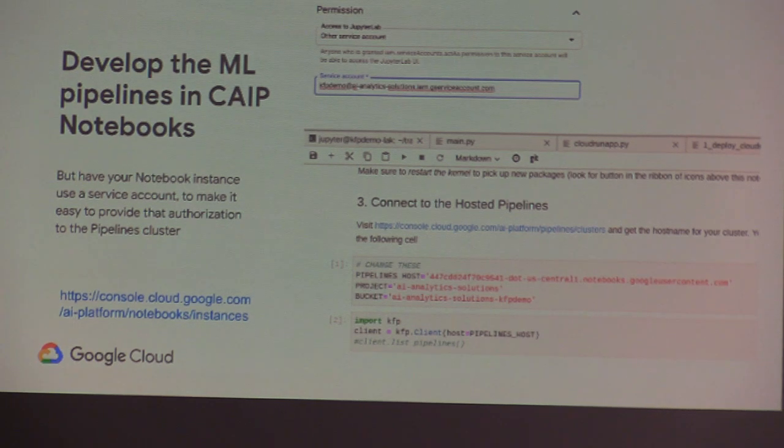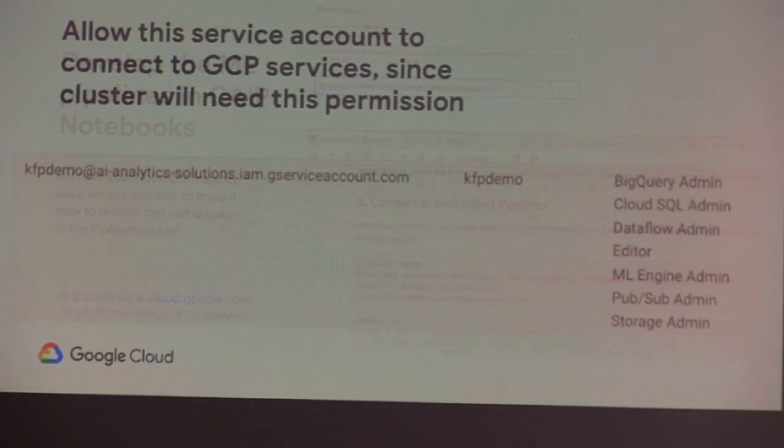And that service account will execute on your behalf on the cluster. So in this case, and the GitHub repo walks you through the steps, you will create a service account and you will use that service account whenever you're submitting jobs into the cluster from the notebook.